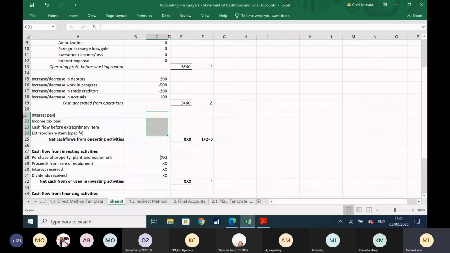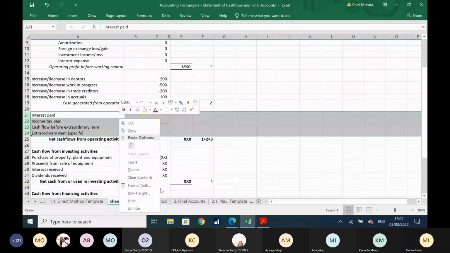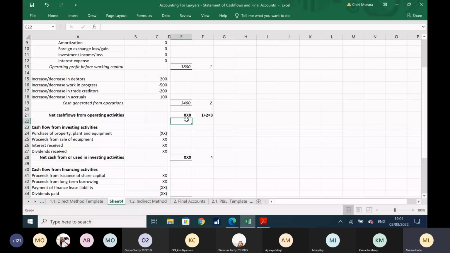In fact, I should even delete. So our net cash flows really is, let me do this, just this alone for that category, and then now our total is that plus that. So we go to our investing activities.